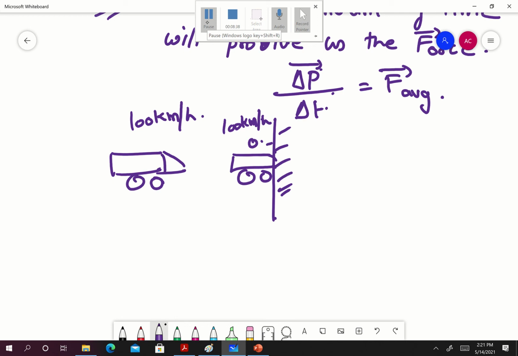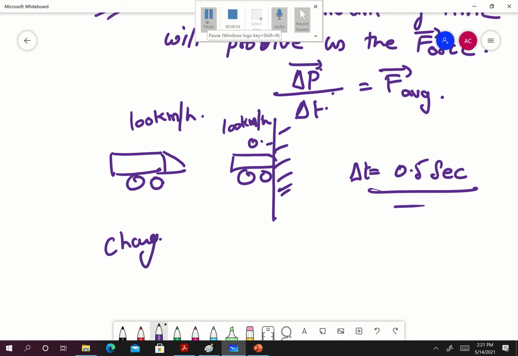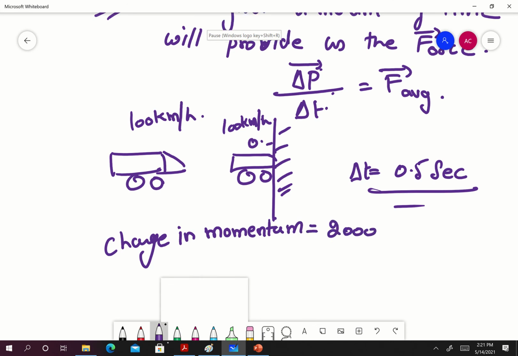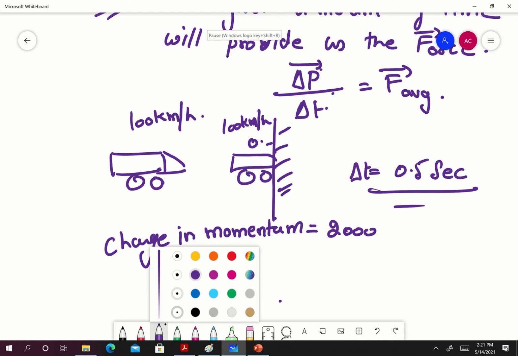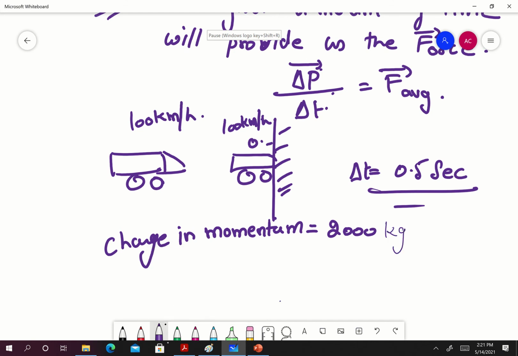So let's say the whole process happened over a period of delta t equal to 0.5 seconds, in a split of a second. The change in momentum was again 2000 kg meters per second.